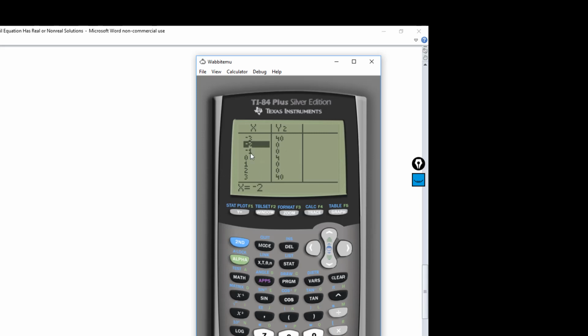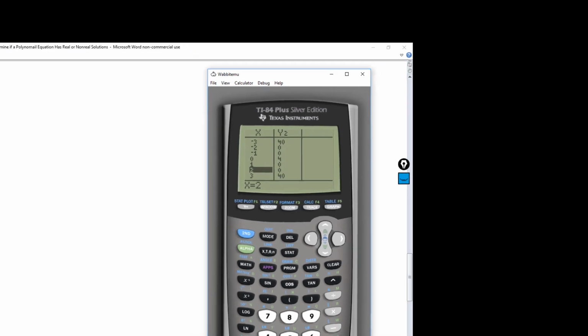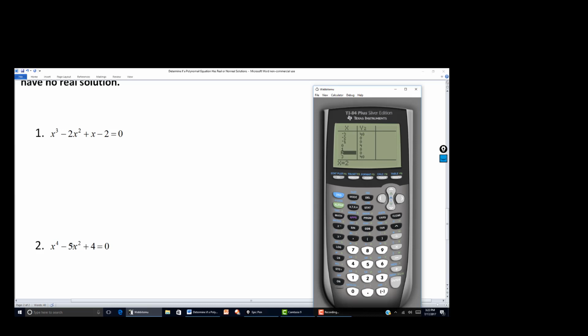Look at 1 and the y is 0. There's another solution, x equal 1. And then again, x equal 2, y is equal to 0. So those are solutions. They're zeros to the actual polynomial graph, but in this particular case they're solutions to the equation. So it has 4 real solutions: 1, -1, -2, and 2.